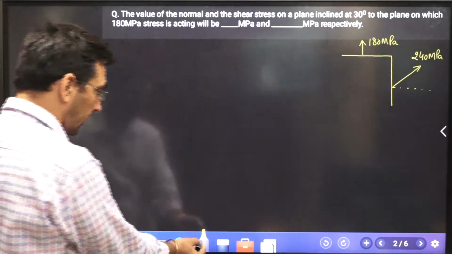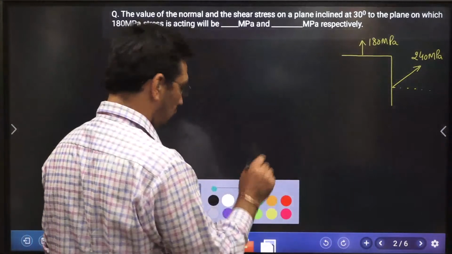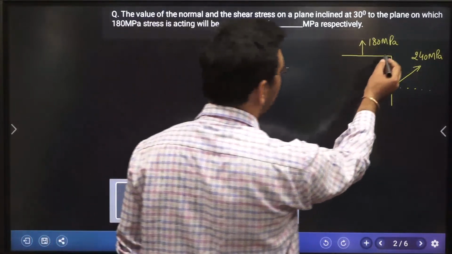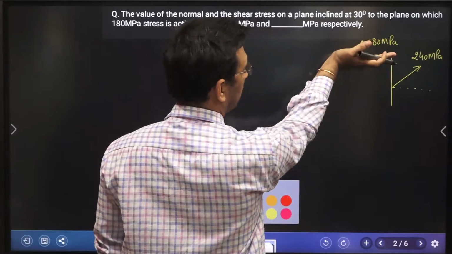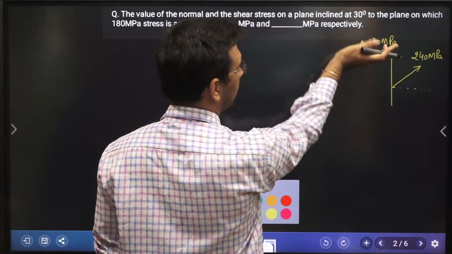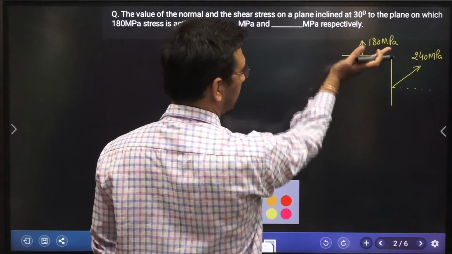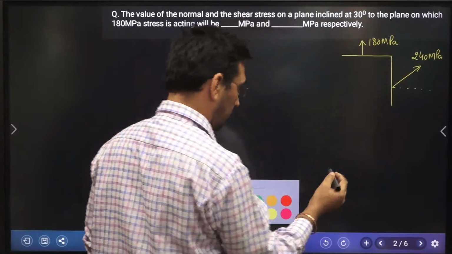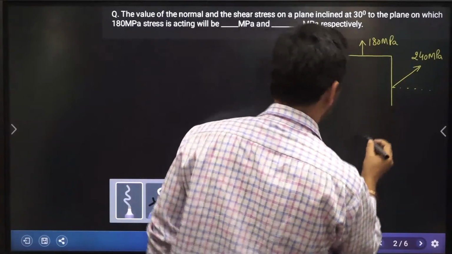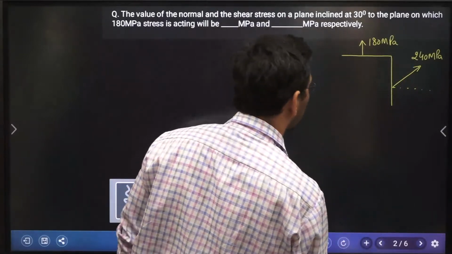That means he is talking about what? He is talking about a plane which is inclined at 30 degree to this plane. So this plane is, as you know, this one on which this 180 megapascal is acting. So from this plane, if you take 30 degree, let us say if I take any plane, I will show you over here. I will draw it over here again.